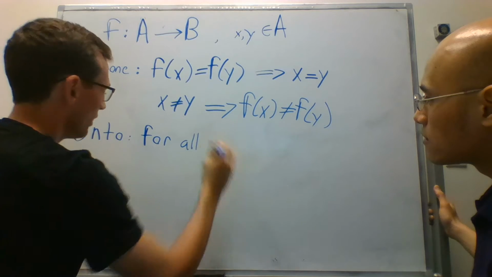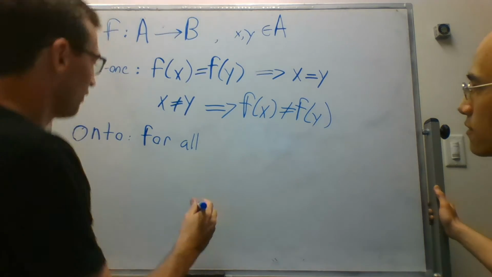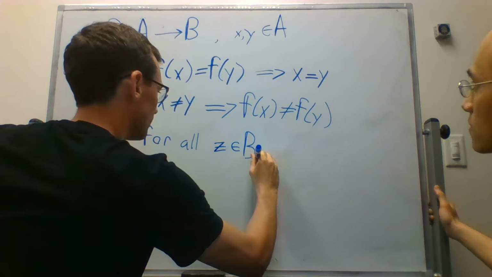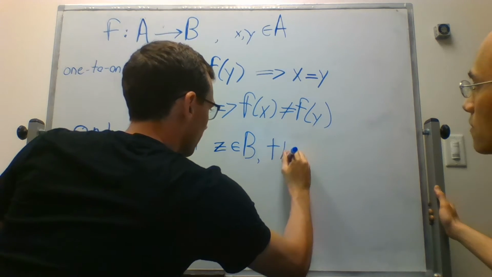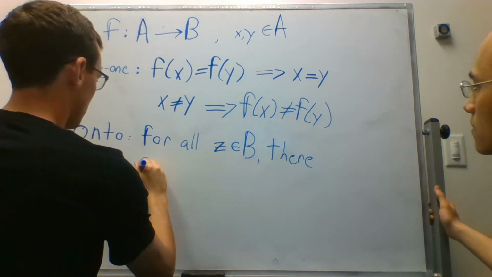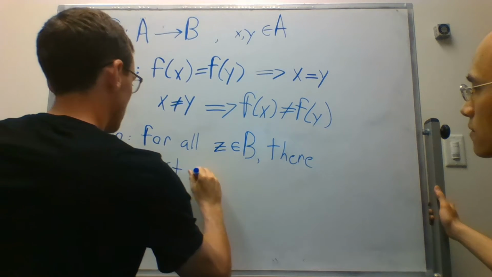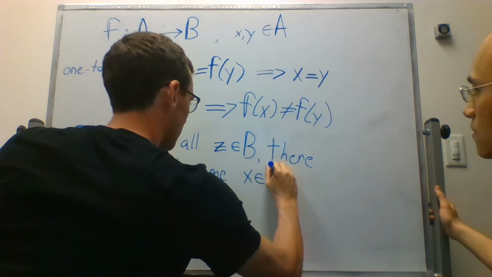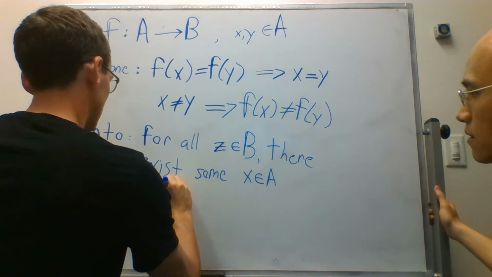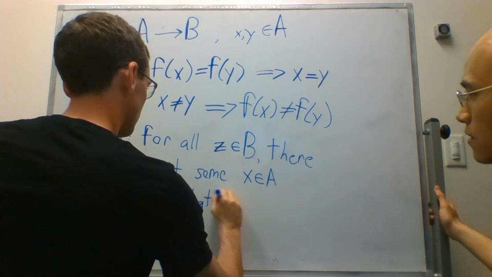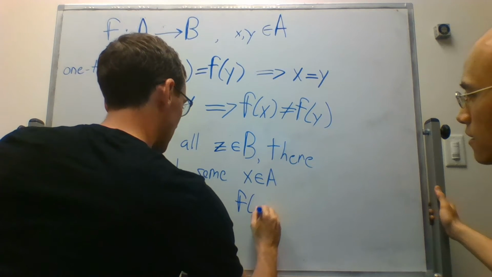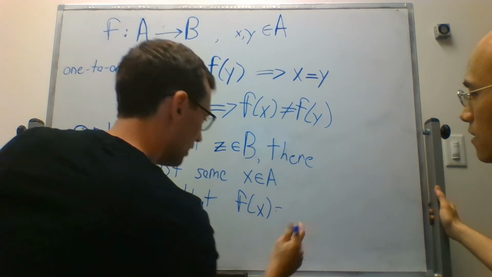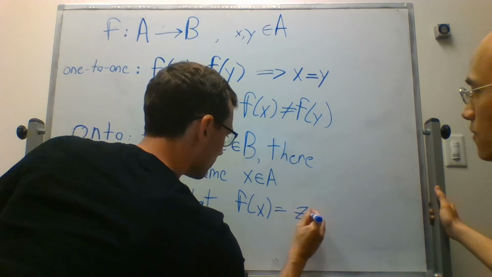For all, let's use Z. For all Z in B there exists some x in A such that f of x equals z.